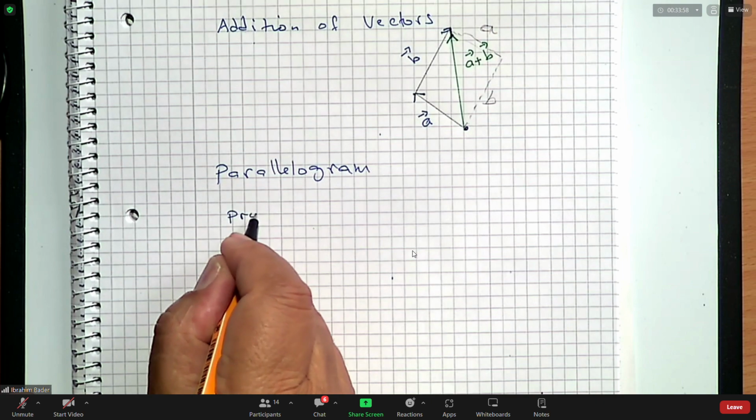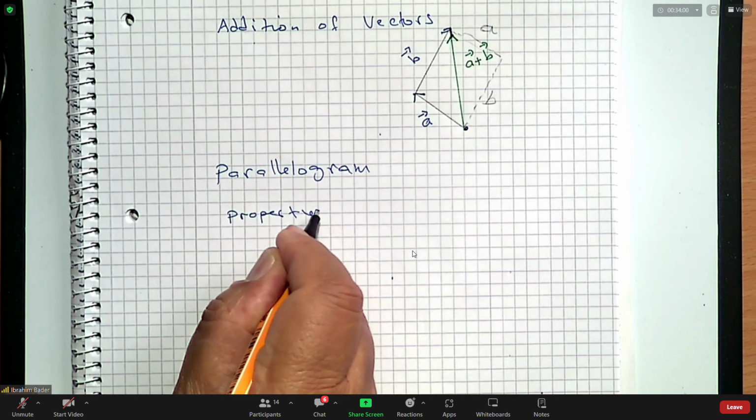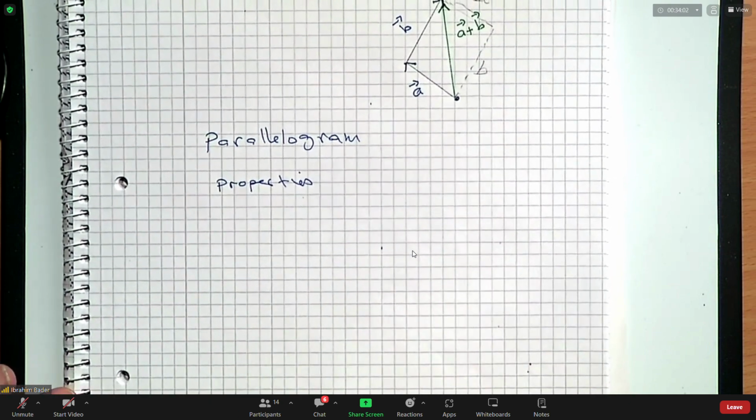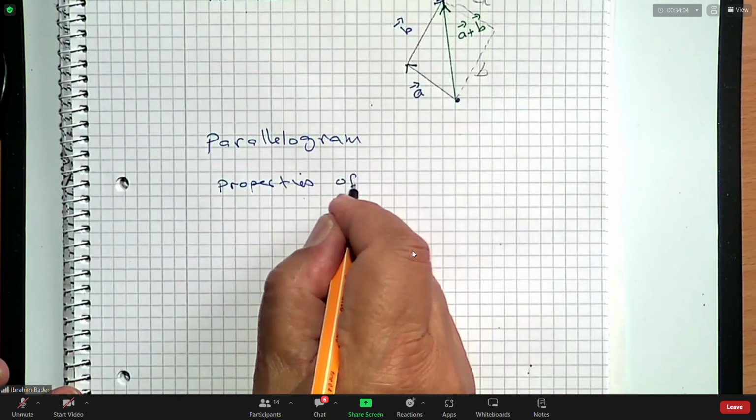Okay, so next I'm going to list some properties of vector addition.